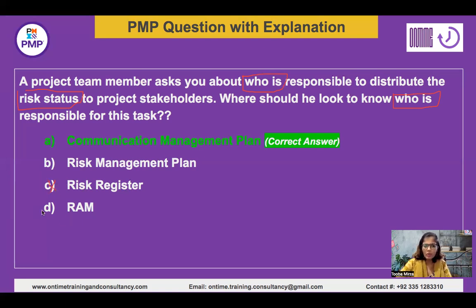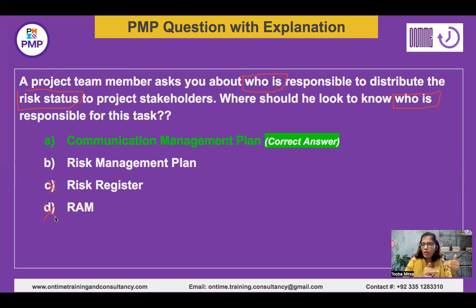Why is RAM not a choice? RAM is not a choice because the responsibility assignment matrix, I'm sure everybody has seen that matrix. I do not have that with me right now, but the responsibility assignment matrix looks like this. There's a column which says the task or maybe the WBS level elements and who is responsible, accountable, or maybe consulted or informed about those tasks.